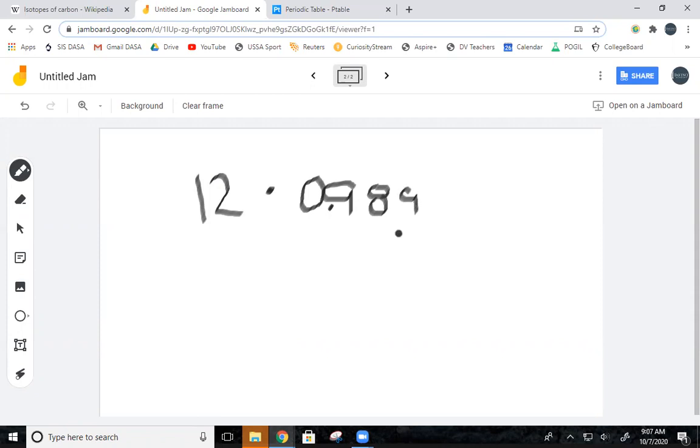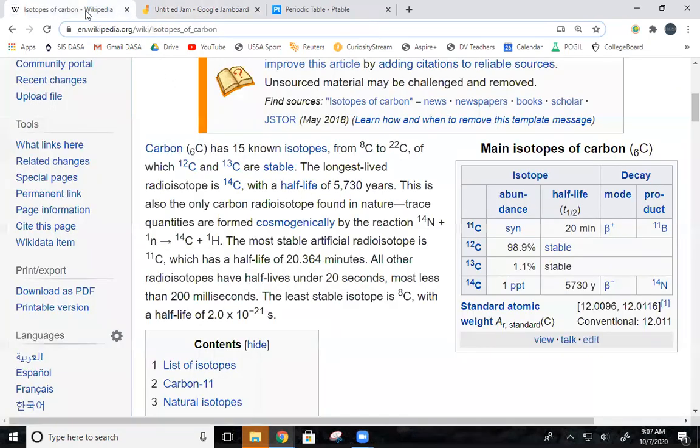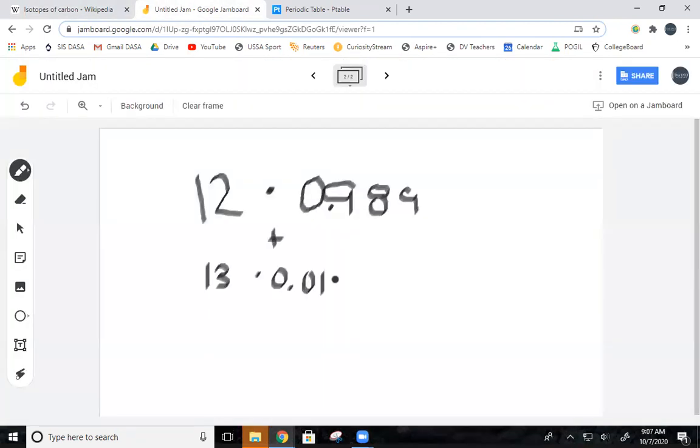Okay, 12 times 0.989, and then 13, so you add these together, 13 times 0.011.